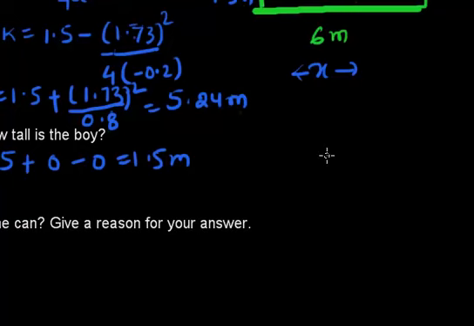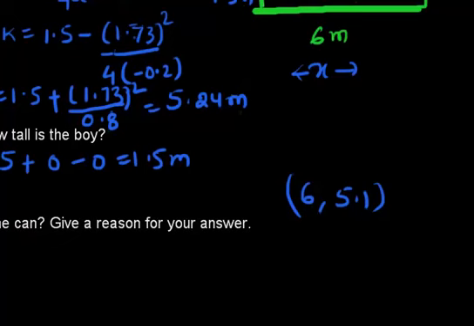So the coordinate which should lie on the path is (6, 5.1). 5.1 is the vertical distance and 6 is the horizontal distance. If I can prove that this point lies on the curve, then I can say that the stone will hit the can.